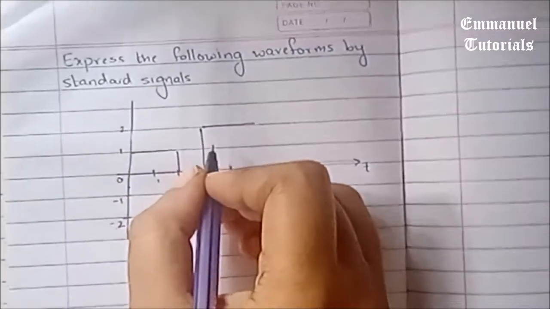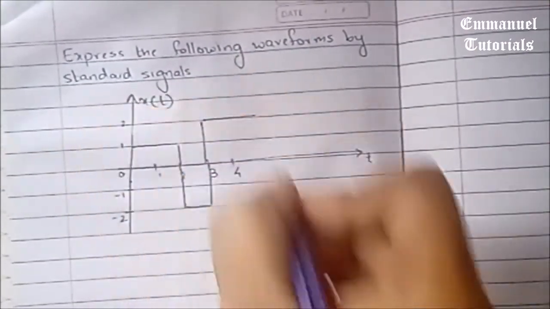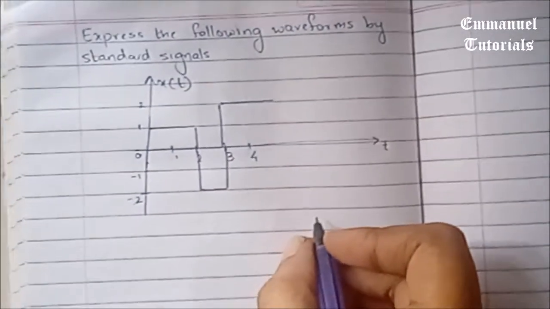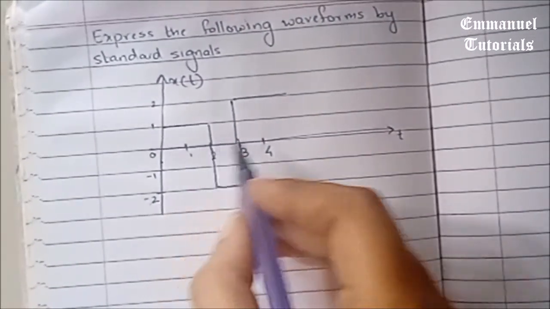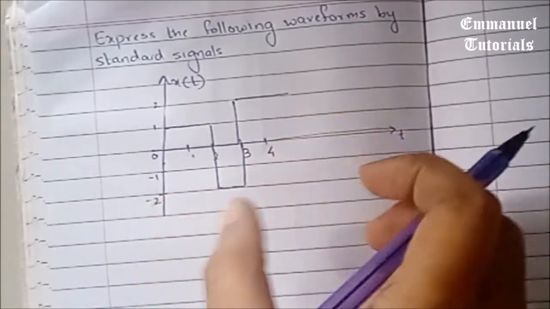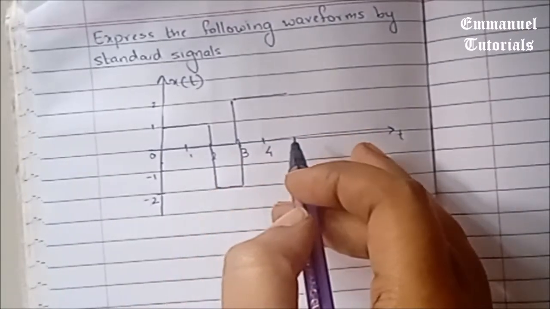The signal that's given is this. X of t is this kind of a signal, and you'll have to represent it in the form of any of the standard signals. Whenever you are given any signal, you should try to imagine that you're placing any of the standard signals inside this signal.